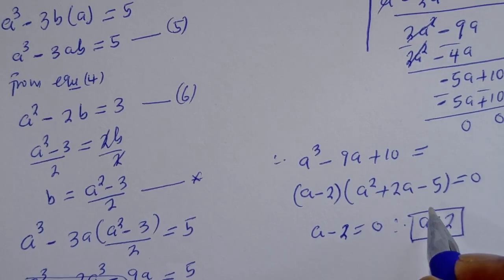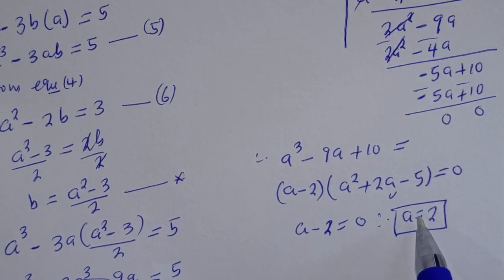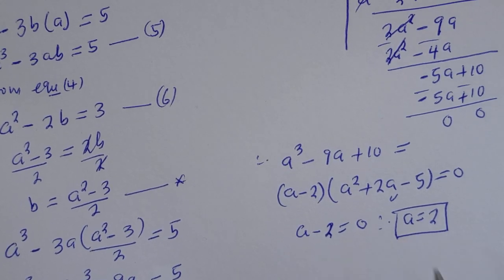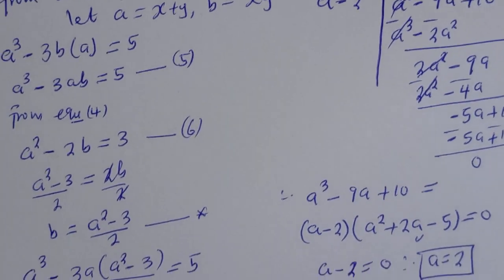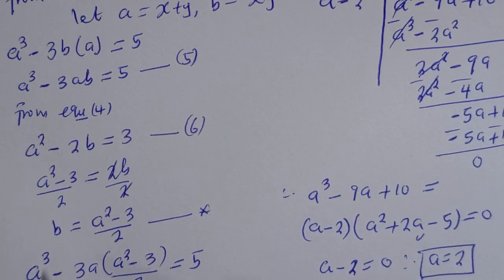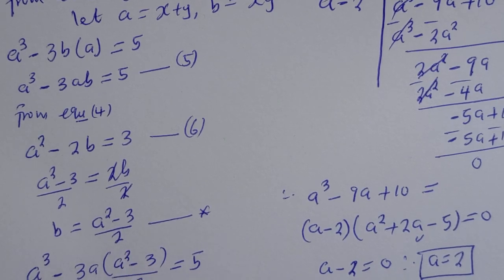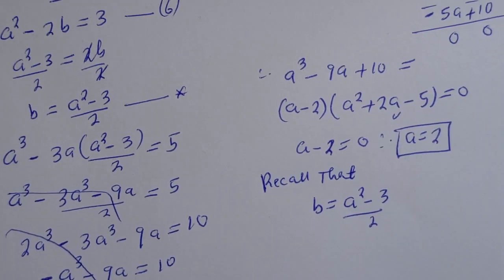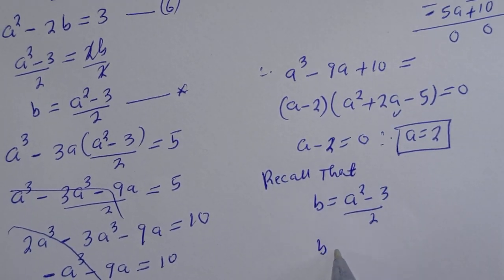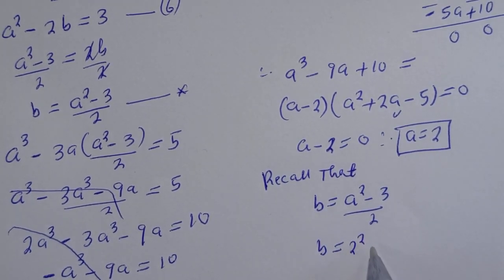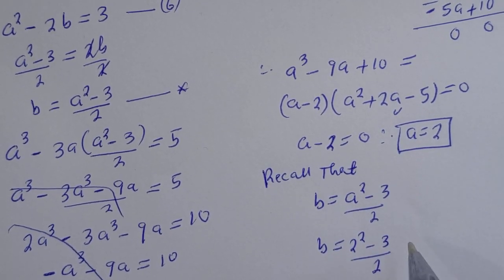Then the second case is a quadratic equation. Let's make use of this a equal to 2 first to get the value of x and y. Recall from equation star, b is equal to a squared minus 3 over 2. When a is equal to 2, b will be equal to 2 squared minus 3 over 2.